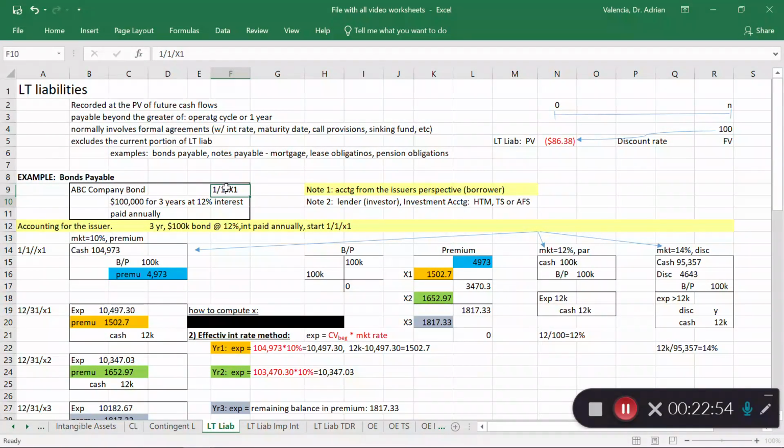X1. So if this bond is dated 1/1/X1, if we issue it on 1/1/X1, perfect. There's no craziness. But if we issue it somewhere between 1/1 and 12/31, then we have to do some accounting, because that would be selling it between interest payment dates. And I encourage you to watch that video as well.